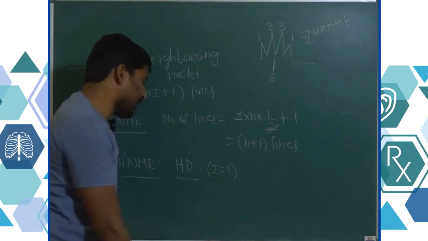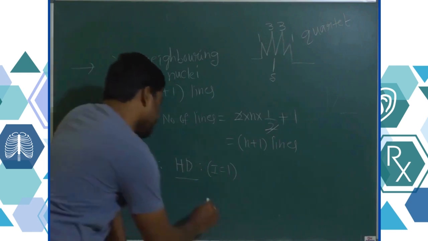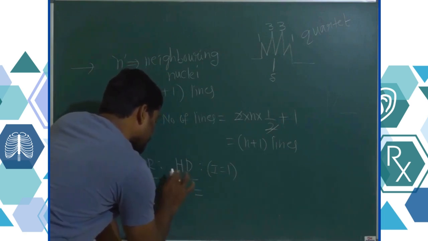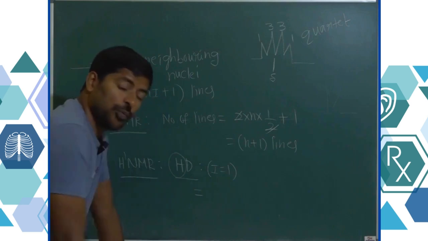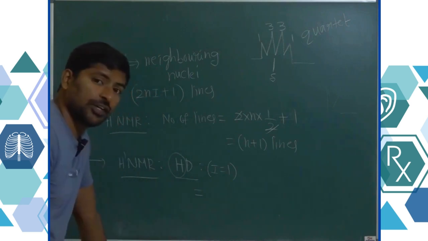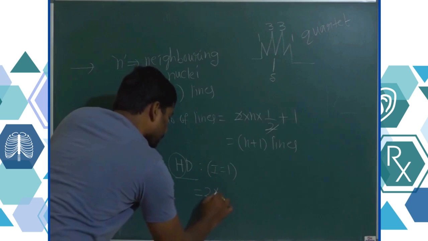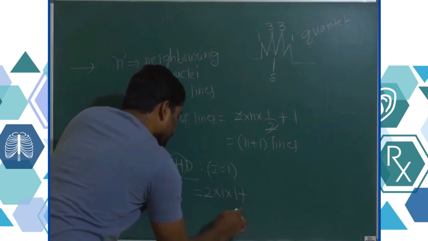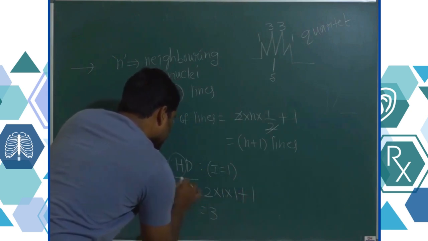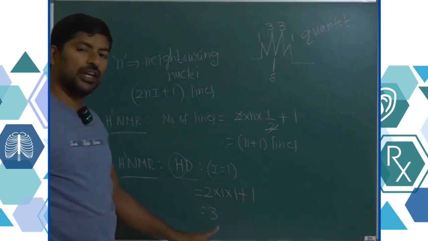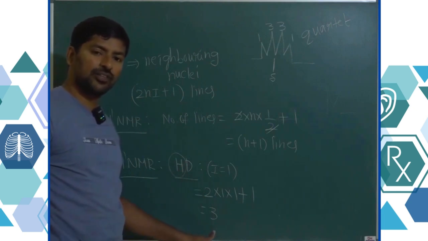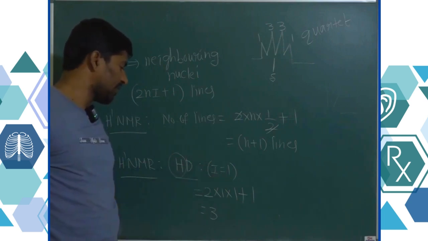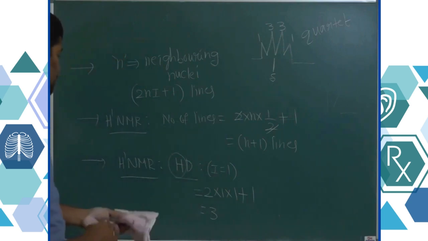So the proton interacts with this one deuterium, and using 2nI plus 1, with the number of deuterium atoms 1 and the I value 1, the signal for the proton splits into 3 lines, since the I value for deuterium is 1.